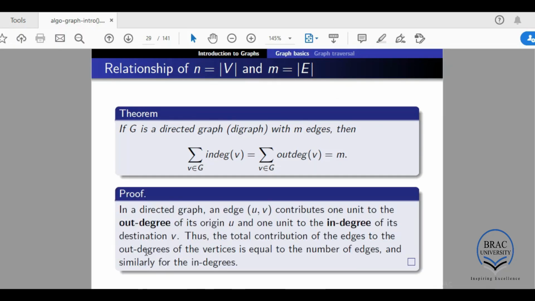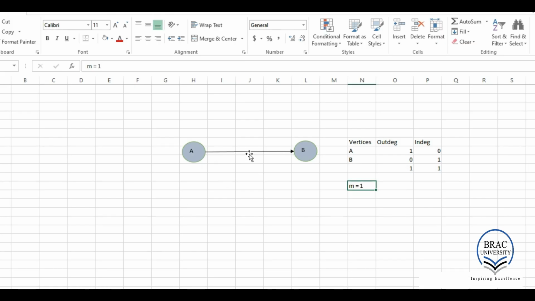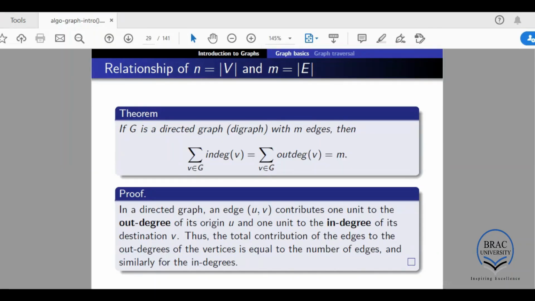Now, why is this the case? Because in a directed graph, an edge UV contributes 1 unit to the out degree of its origin U and 1 unit to the in degree of its destination V. So if we consider this particular edge, you can see that this edge is contributing once for the out degree of A, and it's contributing another time for the in degree of B. As a result, the out degree summation is equal to 1, and the in degree summation is also equal to 1, and the total number of edges is also equal to 1.